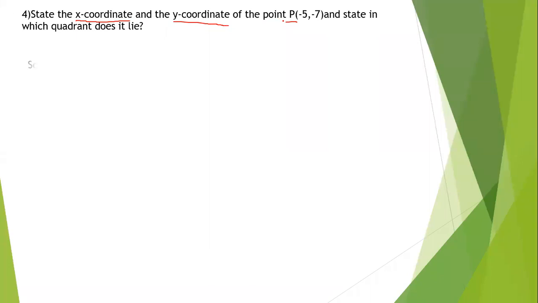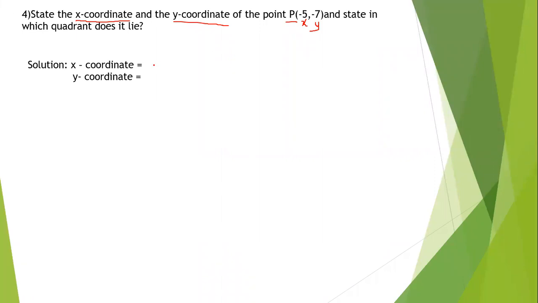We will first write the x coordinate. Always remember the first coordinate of a point is the x coordinate. Keep in mind, whenever we are writing the point, the first coordinate is the x coordinate and the second coordinate is the y coordinate, right? So here we need to write the x coordinate. So the x coordinate over here is -5.